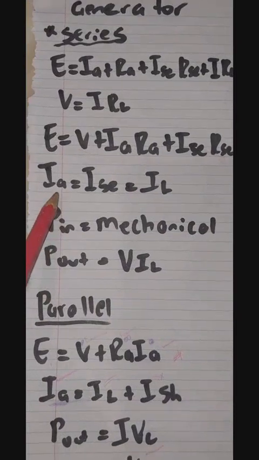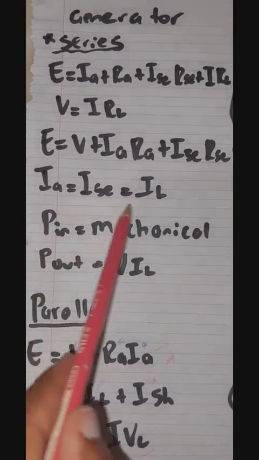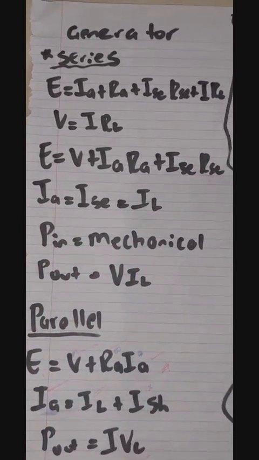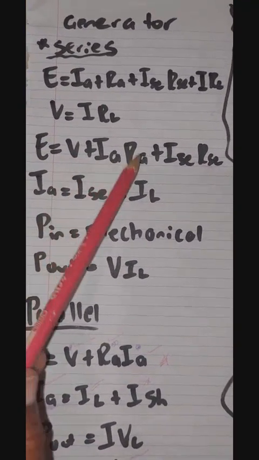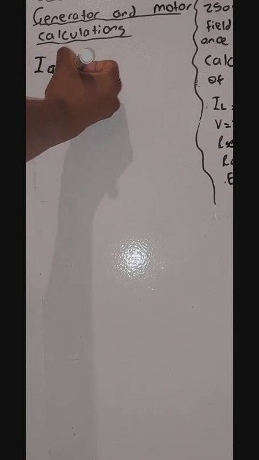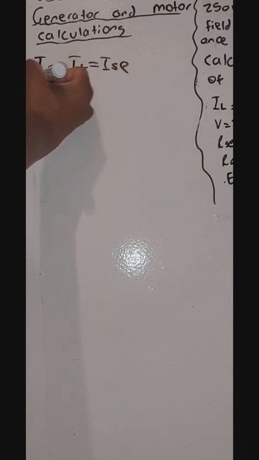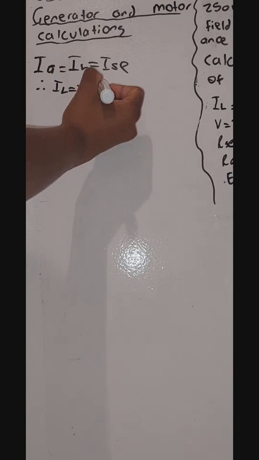Since in series IA is equal to ISE, which is equal to IL, they are all equal. If we are given one current, know that the current is equal throughout. That means we're going to use this formula, which has V, IA, RA and everything. Therefore, we were given a current IL of 20A.